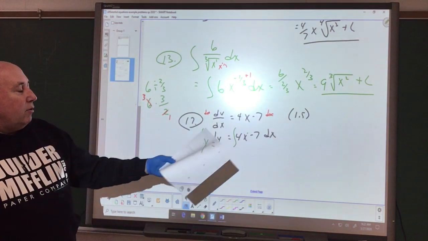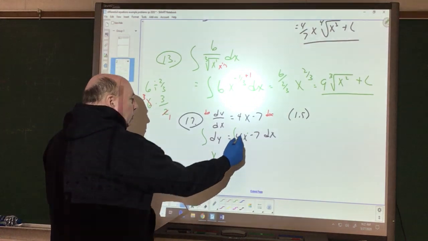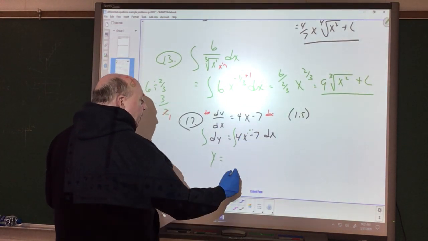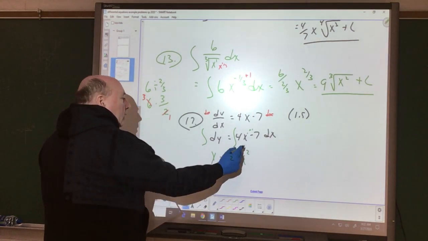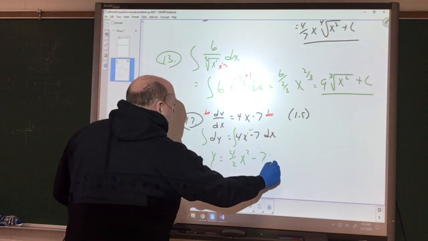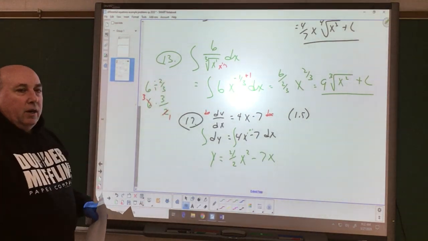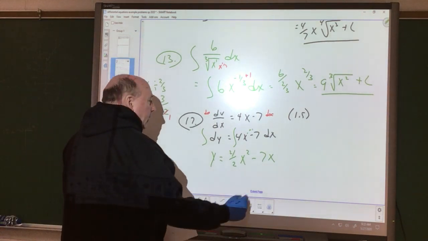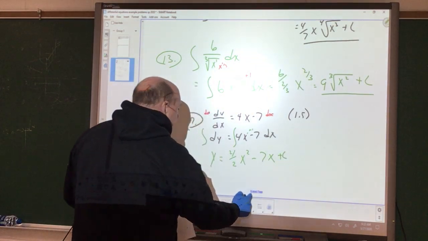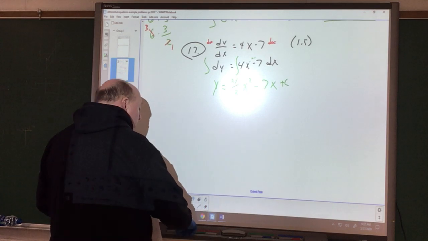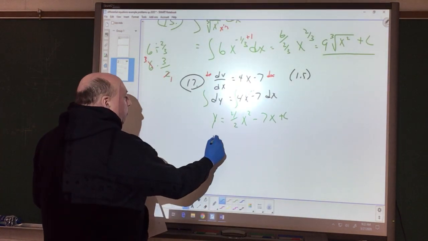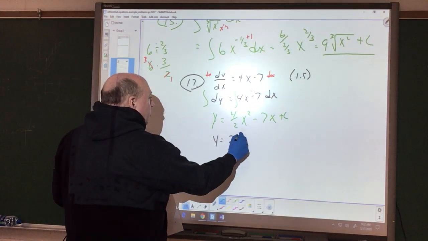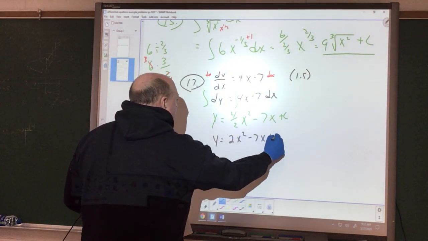We have to take the antiderivative on the right, so we add 1, so we have x squared, and then 4 divided by 2. Remember, with a constant, we just tag a variable along, and then once again, don't forget about your plus c. That's the whole idea of what we're trying to do. We're going to solve for the c. So we have y is equal to 2x squared minus 7x plus c.